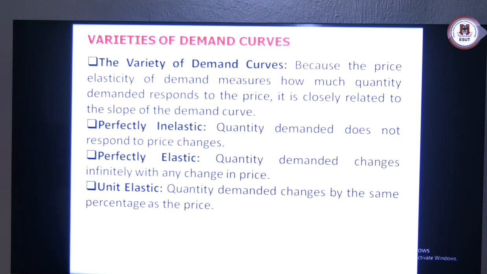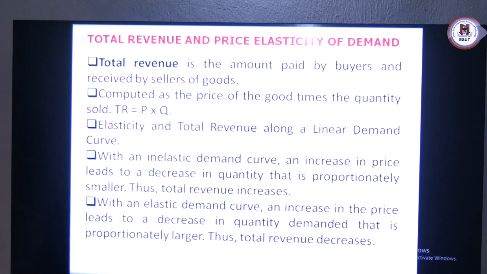Perfectly inelastic is that the quantity demanded does not respond to prices. And when we say perfectly elastic, it means that quantity demanded will respond infinitely to price. And we have unit elasticity, where quantity demanded changes by the same percentage as price.